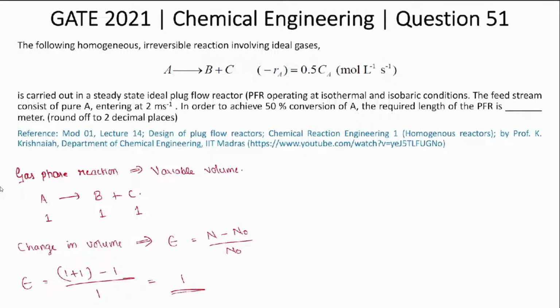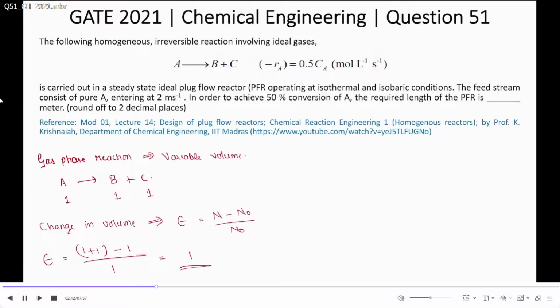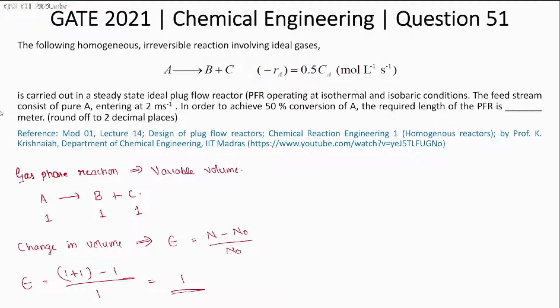Now let us just write down the other data that they have given here. So what all data they have given? So the first thing is it is an ideal PFR operating at isothermal and isobaric conditions.